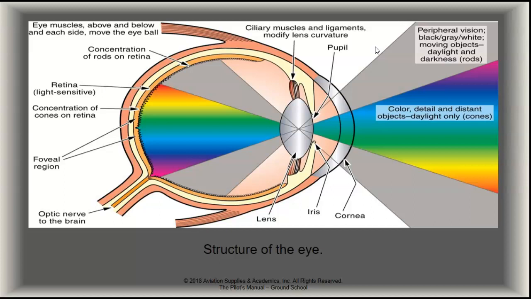We only see black and white with the rods. We use rods primarily at night, and we can see moving objects, daylight and darkness with rods. Rods are used in our peripheral vision because, again, they're located on the peripheral regions of our retina.